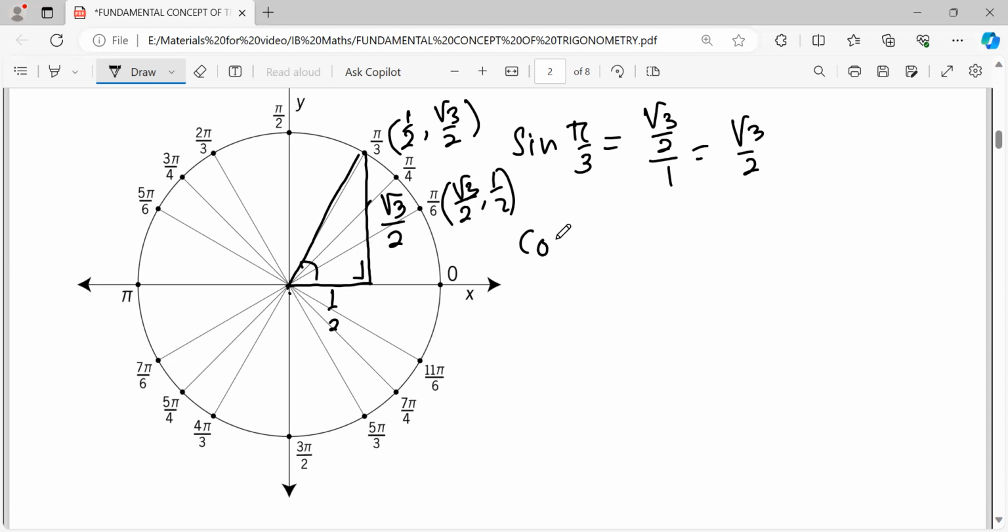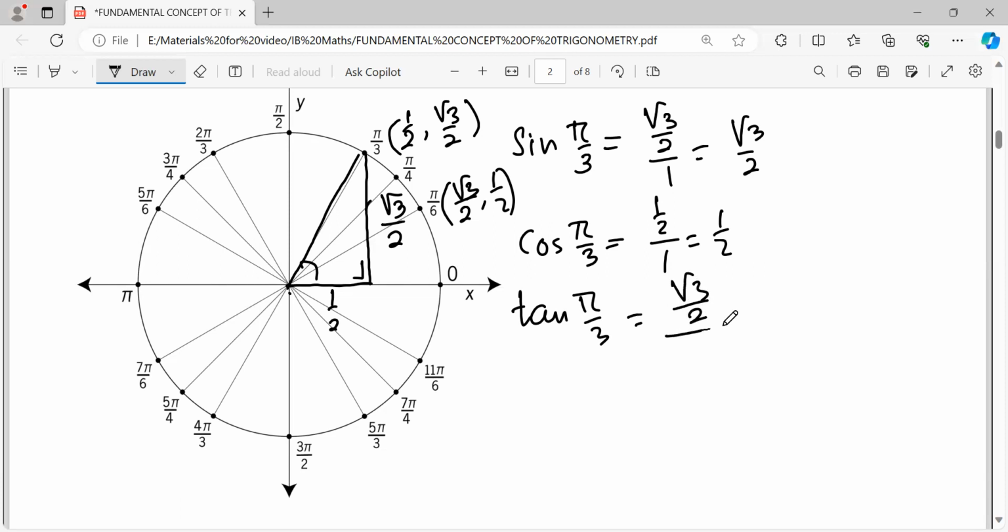Okay, so cosine pi over 3 equals a half. Tangent pi over 3 equals square root 3 over 2 over 1 over 2, square root 3 over 2 times 2, equals square root 3.